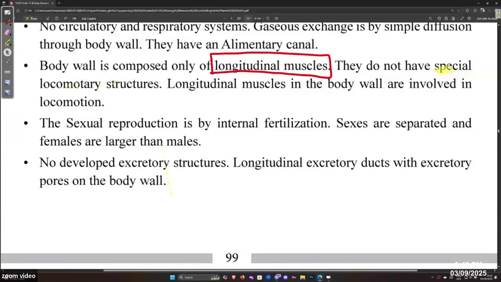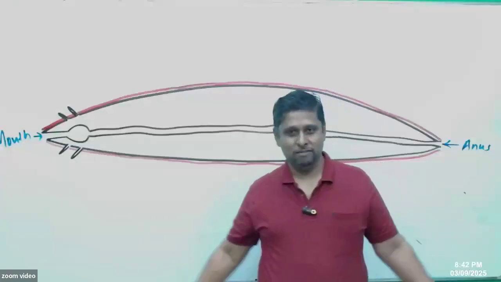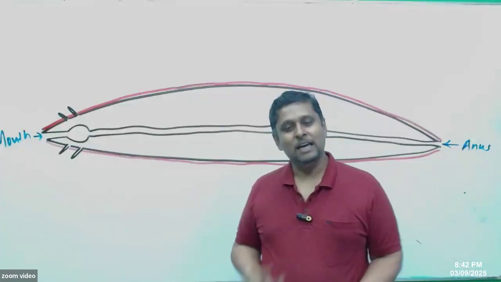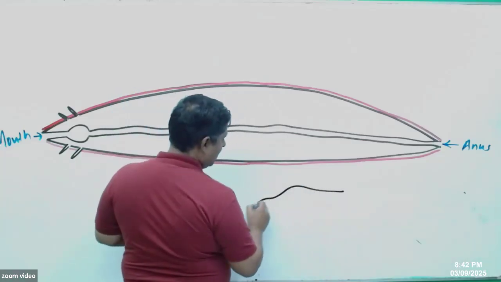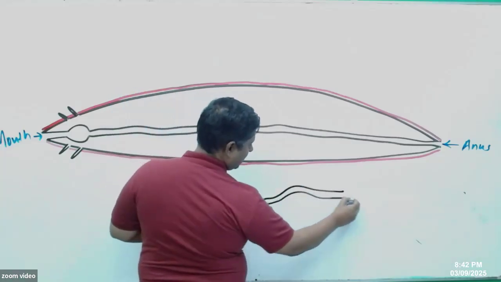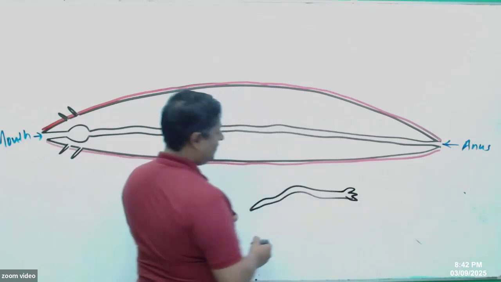Sexual reproduction is by internal fertilization. That's an important point, people. Sexes are separate. Females are larger than the males. Large, fat females. Males are cute. This is a male.